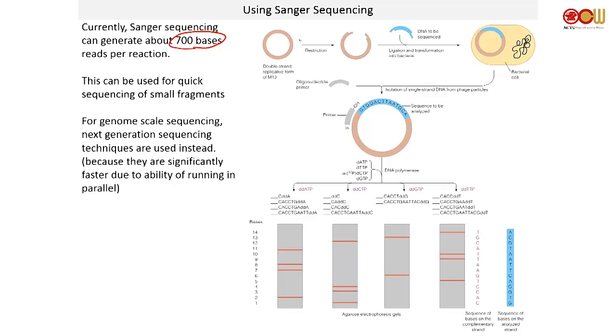For example, this is what we commonly do in the lab. I have a vector, I cut the vector open, and I put in a synthetic fragment of DNA that I get from PCR, for example. Then I put it into my E. coli. My E. coli makes a lot of this DNA. And then here is your oligonucleotide primer that you get from chemical synthesis.